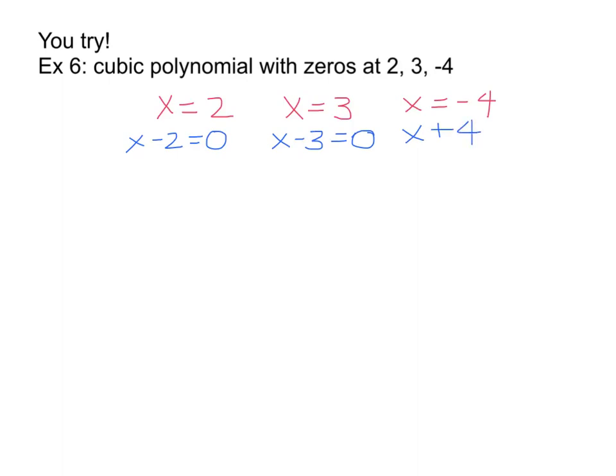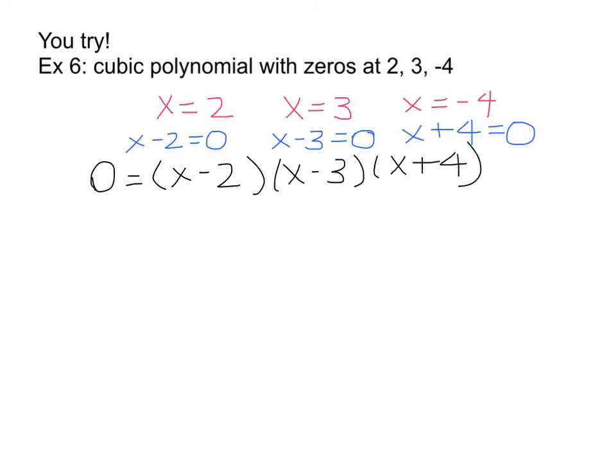So now, since they all equal 0, remember we're working backwards, so that gives me 0 equals x minus 2 times x minus 3 times x plus 4. Remember, the zero product property allows you to separate them. So now, since you have 3 things in parentheses, you're going to have to start with the first 2 and FOIL them and bring down 1 for later on.